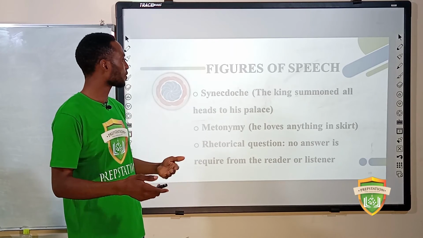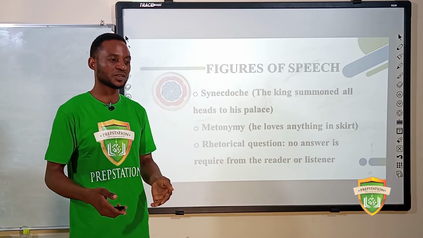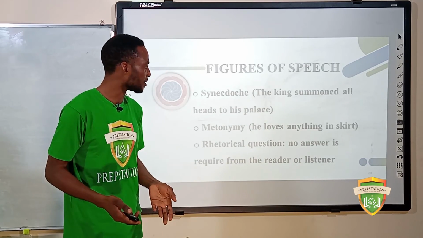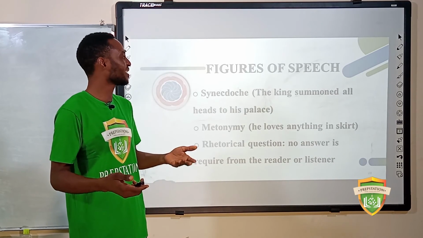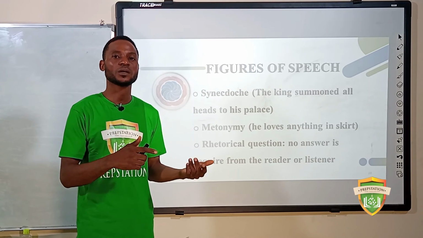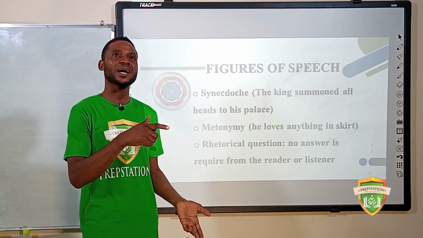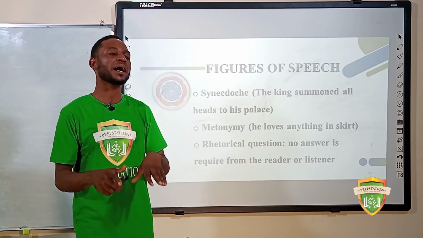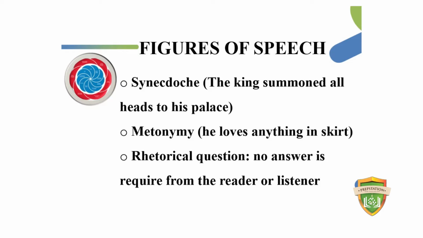Another one that I want us to look at is synecdoche. It's also a figure of speech. And in synecdoche, you have the part representing the whole, or you have the whole representing part. For example, the king summoned all heads to his palace.